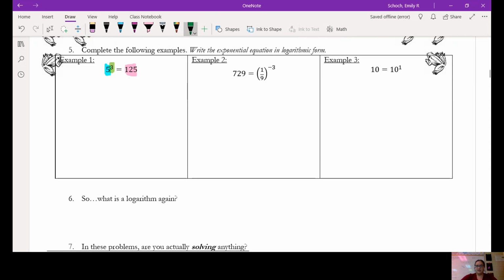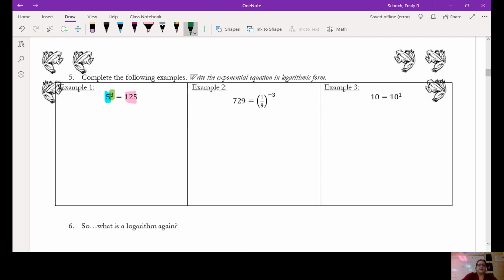So the rule is, let me scroll up just a little bit here and I'll write it above. It's on the previous page, but it's that if I have b to the x equals a, then that tells me that log base b of a equals x.